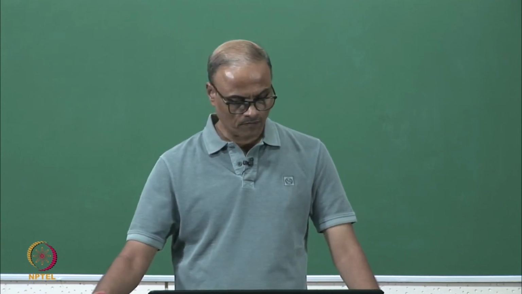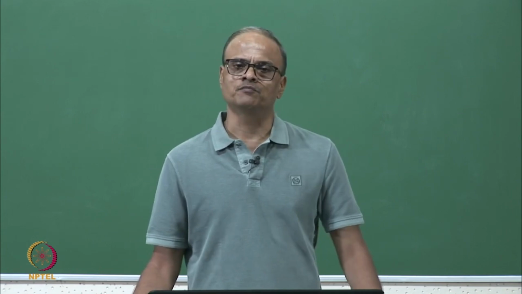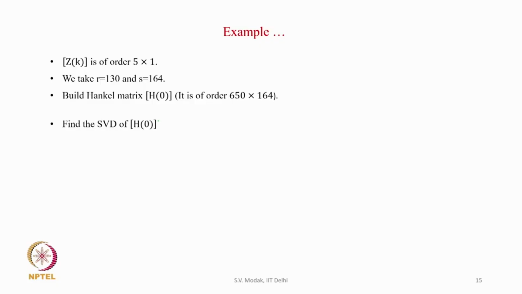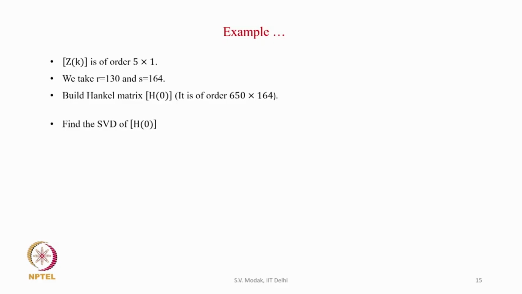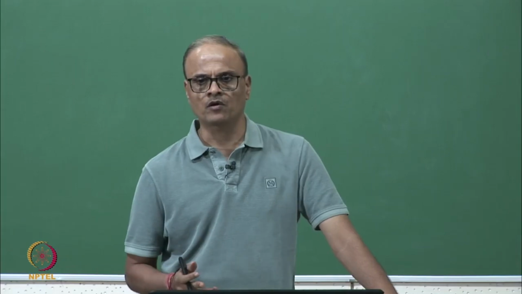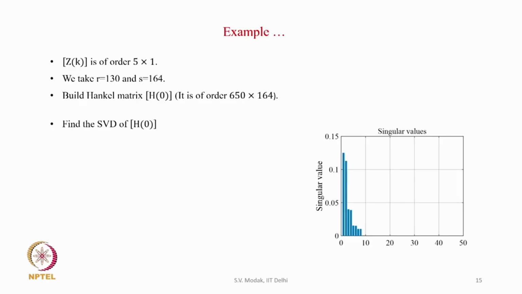Now we perform the singular value decomposition of this block Hankel matrix, and then we drop the 0 and near 0 singular values and truncate the singular value decomposition. So, we plot the singular values of the Hankel matrix. On the y axis the magnitude of the singular value is shown, and we have shown the top 50 singular values.